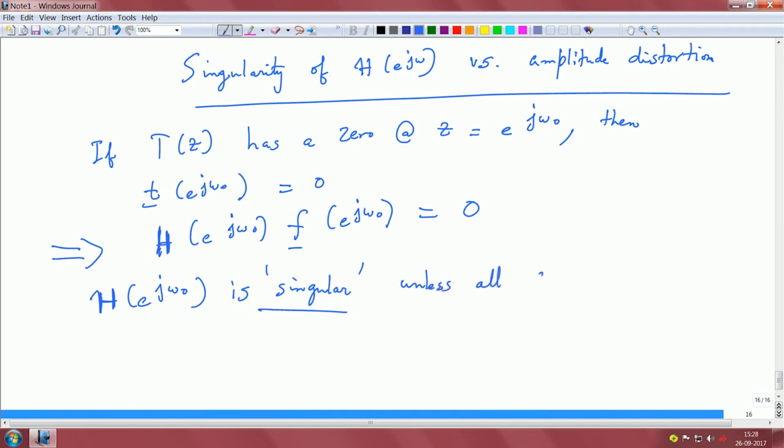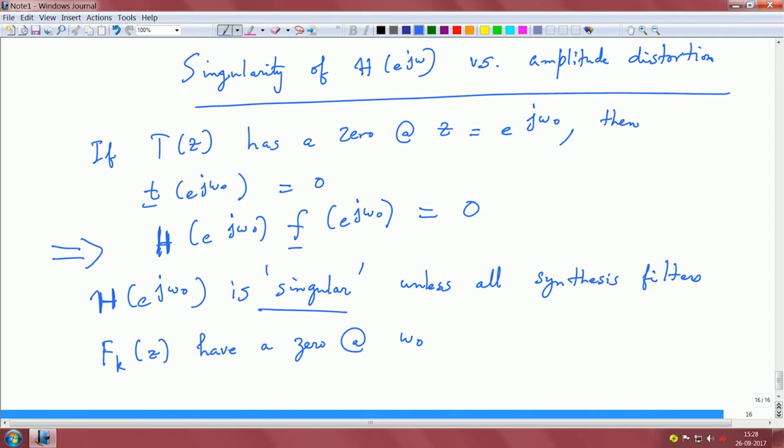unless all synthesis filters F_k of z have a 0 at omega naught. Right, and T of e^{j omega naught} equals 0 in an alias free system, and this implies that there is singularity of the AC matrix at omega equals omega naught. So, this is what really happens.